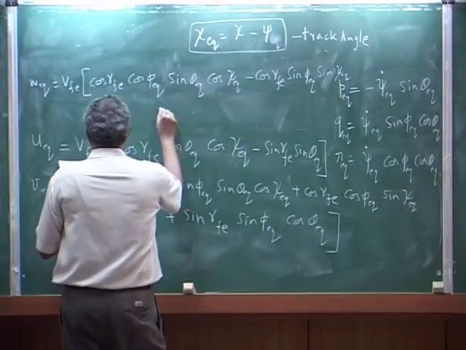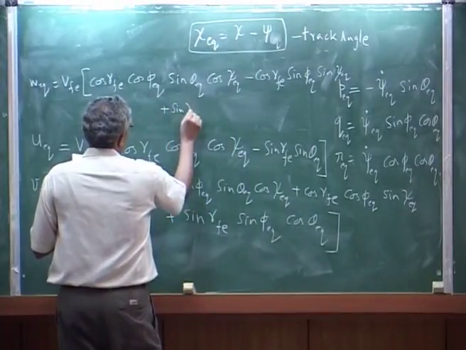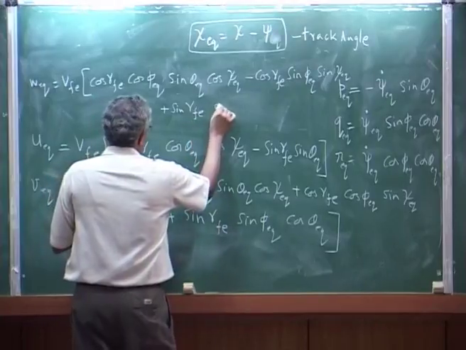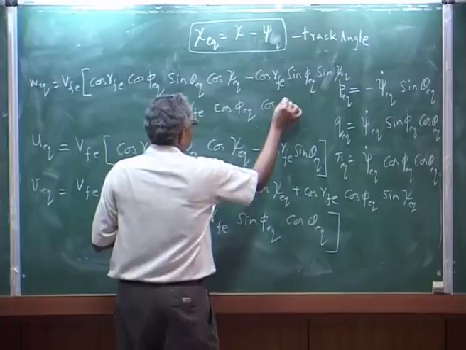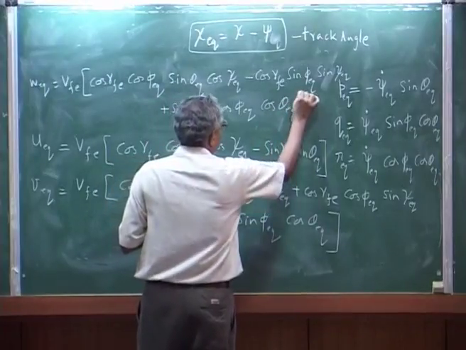Then you will have one more term plus sin gamma Fe cosine phi equilibrium cosine theta equilibrium. Okay.